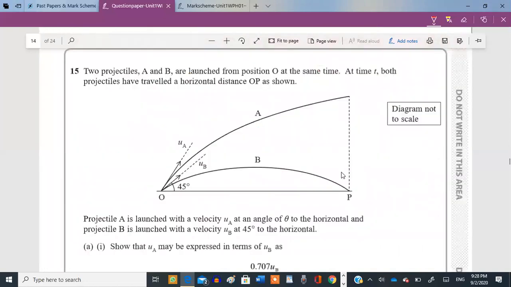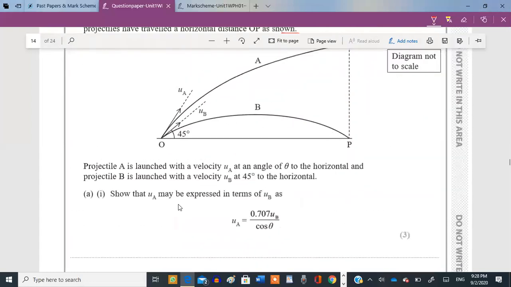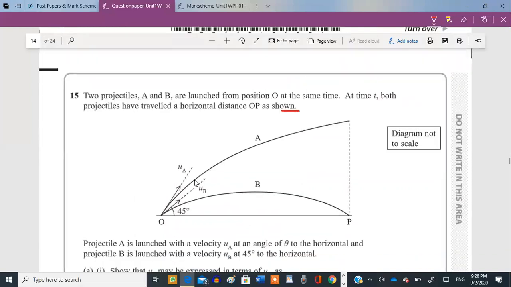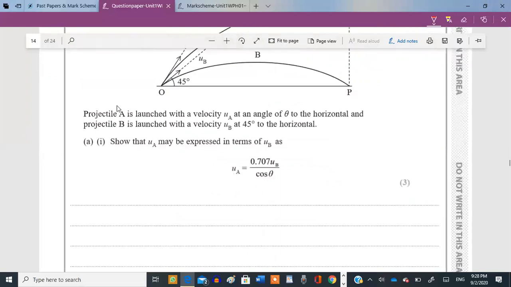Now coming to projectile motion. Two projectiles A and B are launched from position O at the same time. At time t, both projectiles travel the horizontal distance OP as shown over here. Okay, this is one projectile, this is a complete projectile, and that is somewhat half projectile. And they have been thrown with different velocities at different angles. Projectile A is launched at this velocity at an angle theta.